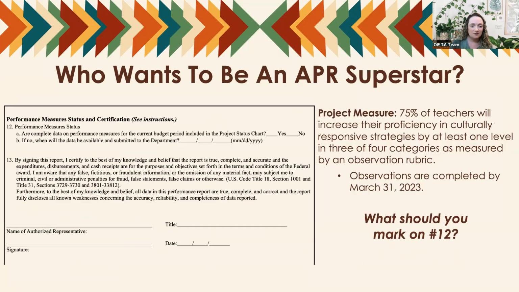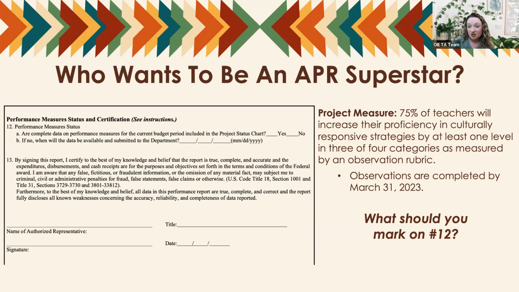Our next one, we have a couple of questions about number 12. This is another one that we often see some confusion on. I'm going to go ahead and pop up so that you can answer while we're kind of talking it through. So on this one, let's say we have a project measure, and this is for sake of the quiz, our only project measure. 75% of teachers will increase their proficiency in culturally responsive strategies by at least 1 level in 3 of 4 categories as measured by an observation rubric.